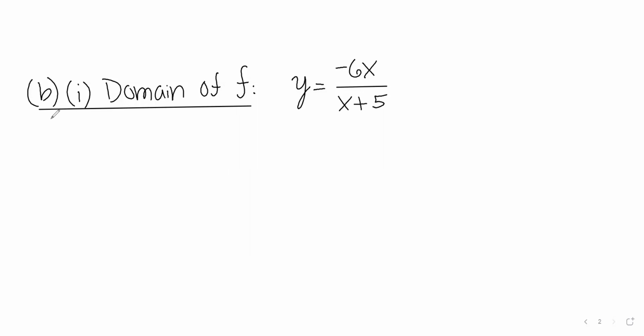So the domain is a set of all x values for which the function is defined. Now the function is undefined when the denominator is 0. So the value of x such that the denominator equals 0 would be negative 5. So again, the domain would be the set of all x such that x cannot be negative 5.